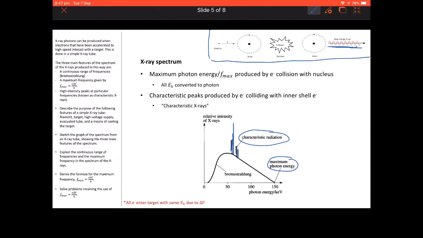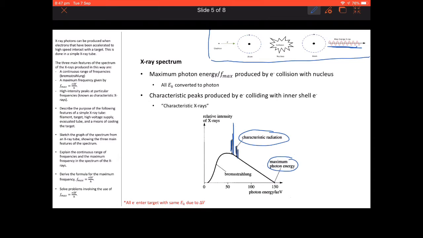Once that inner shell electron has been knocked out of place, an electron that's further out will move down energy levels, moving closer to the nucleus to fill the vacancy that has formed. As it moves down those energy levels, it'll emit a photon of energy.